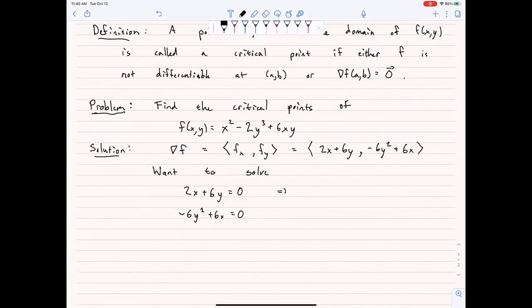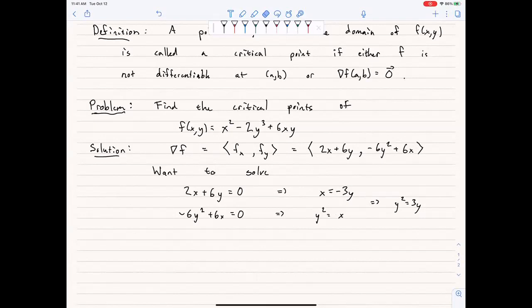So we can divide this first equation by 2 and see that x equals minus 3y. And here we can divide by 6 and see that y squared equals minus x. But now using the first equation and just putting in minus 3y for x, we get y squared equals 3y, right? Did I do something wrong? I have a minus here. Yeah, thank you.